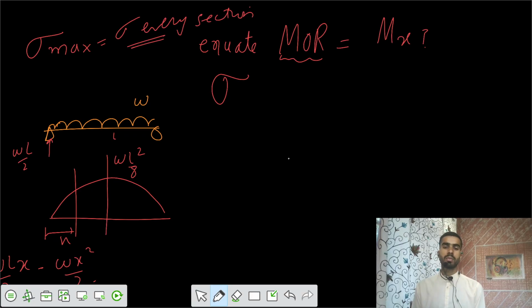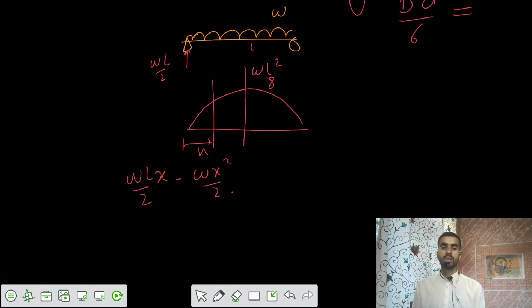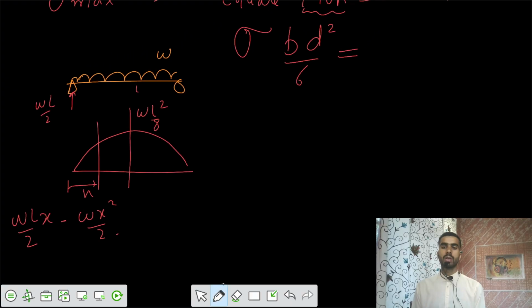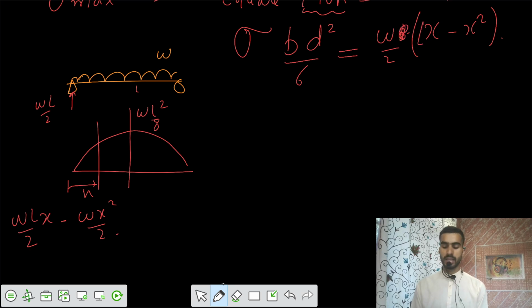Let's say there is some sigma into some value of bd squared by 6, that equals to some moment of wL by 2, then we have x minus x square. It is in terms of w by 2 into Lx minus x square.